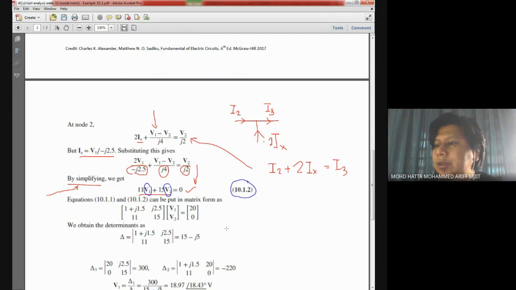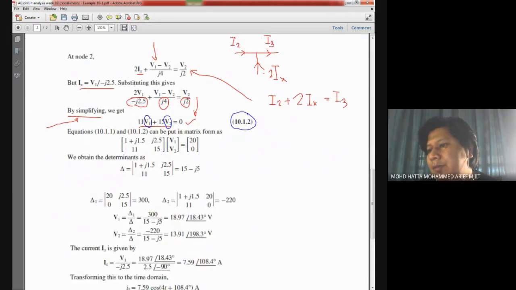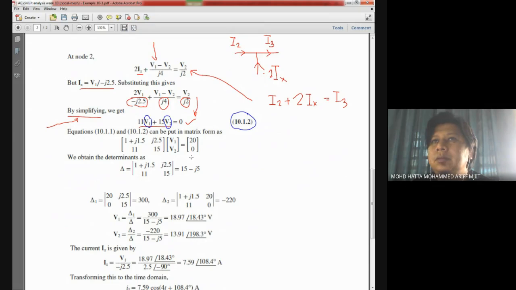In this solution, we use Cramer's rule, I believe, because we have determinants over here. But for me, I would prefer substitution, where I substitute V1. For example here, we have 11 V1 plus 15 V2 equals 0.